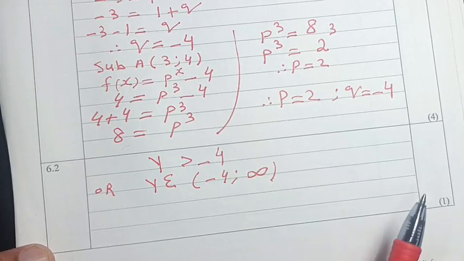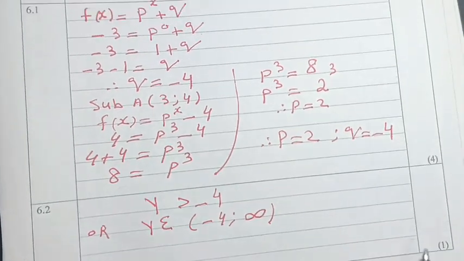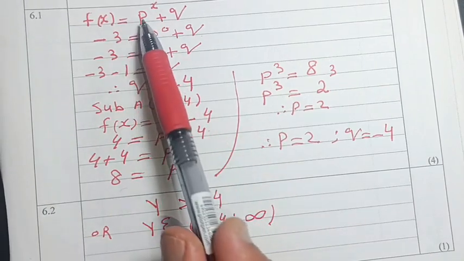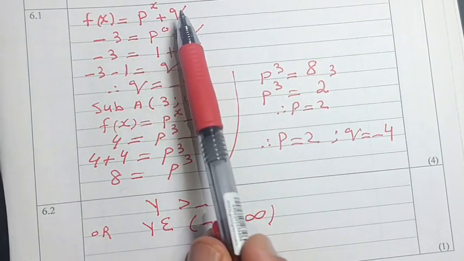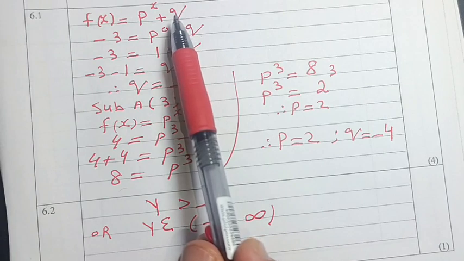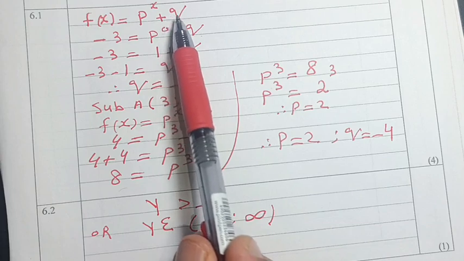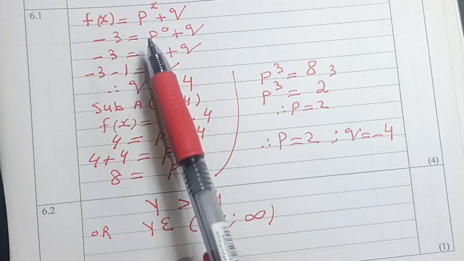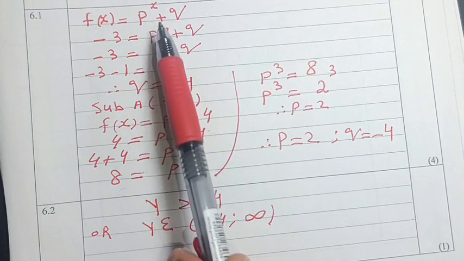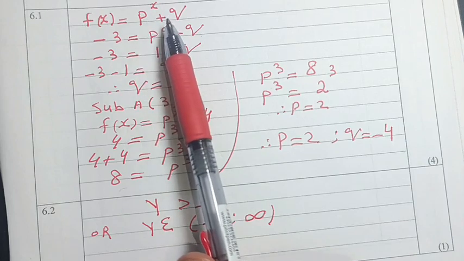Now you must always remember that if it is a positive exponential graph and you need to find the range, then y is greater than q. If it's a negative exponential graph, then we say y less than q.